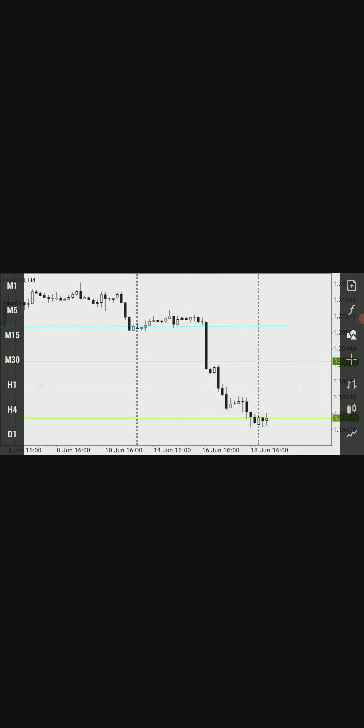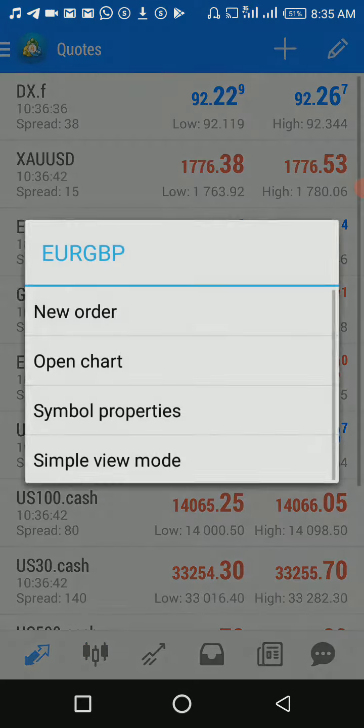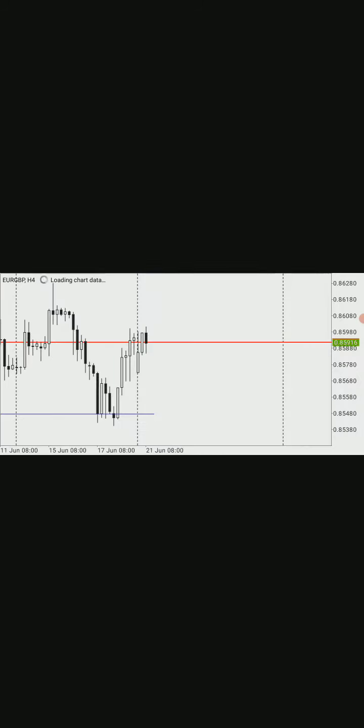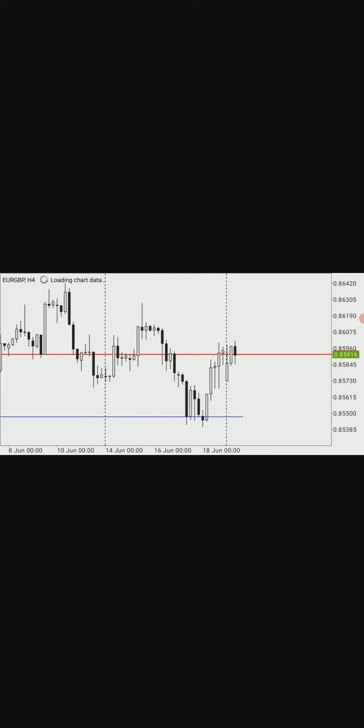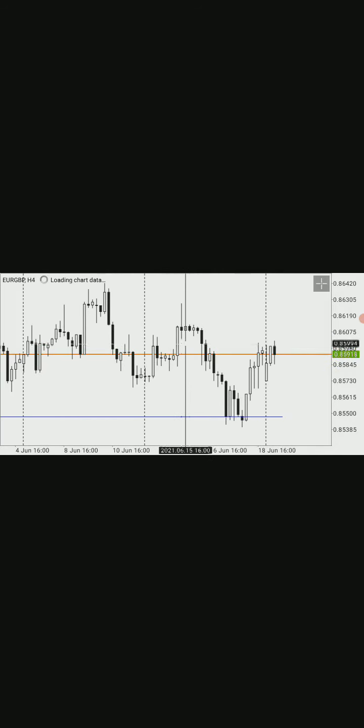We didn't analyze GBP USD, but we analyzed Euro USD. For Euro USD, we were expecting the market to trade downwards before going upward. When the market opened, it came to this other block here, and then went downwards, taking out this low.